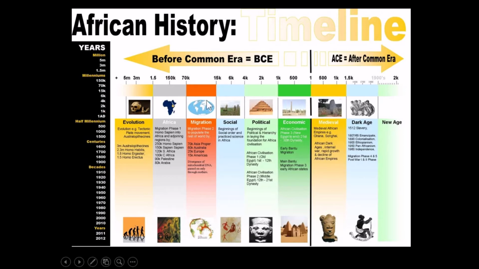Half of the millenniums are established here. And we know that centuries mean hundreds. Decades are counted up in tens. And years are annual, which goes up in ones. Yeah? According to the Gregorian Calendar.